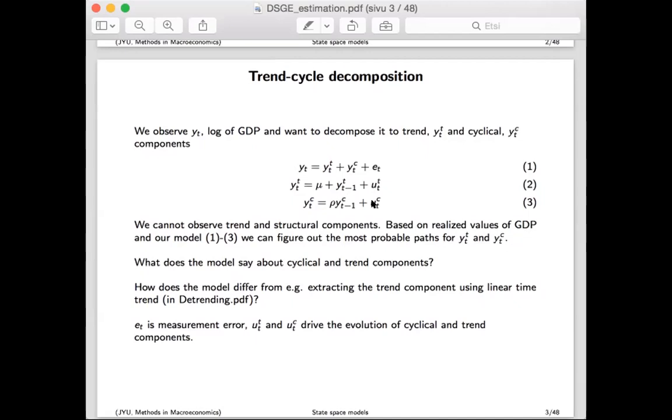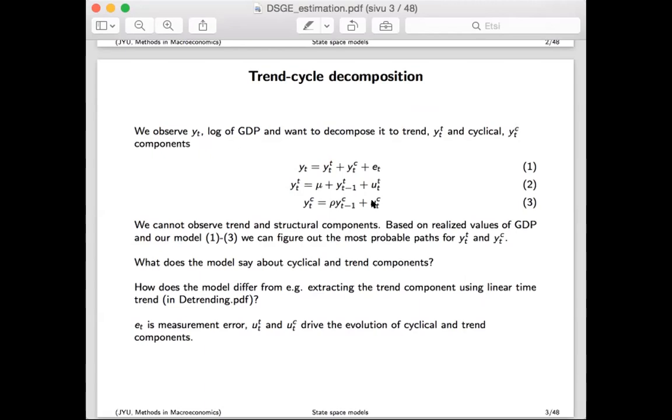The difference to, for example, using a linear time trend is that there the trend consists of an observed time vector, and then we estimated a parameter for this variable, which was sort of a time vector.